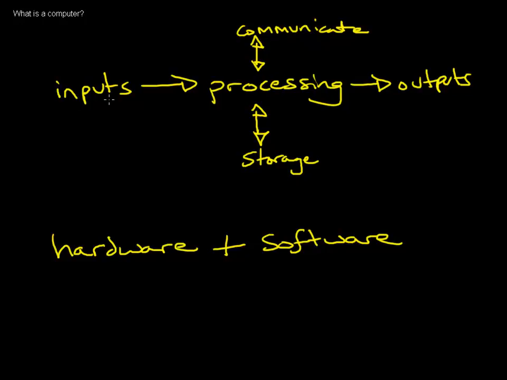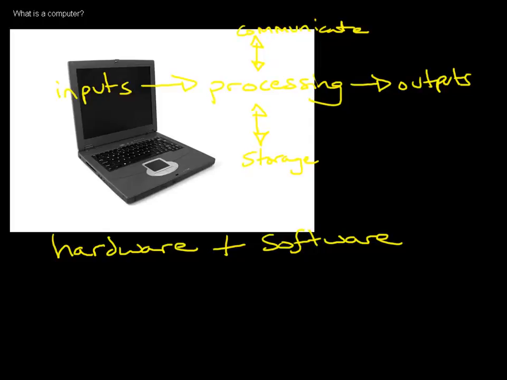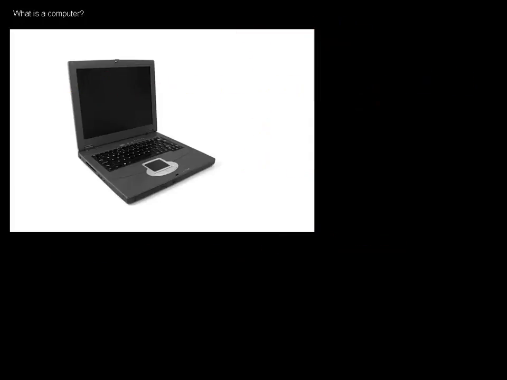Just looking closer at these inputs and these outputs and this processing, what an input device will do is it will take something in the real world. So if we go back to our laptop, what this keyboard will do when a key is pressed is translate that real-world press of the keyboard into electrical signals. And these electrical signals are either on or off.